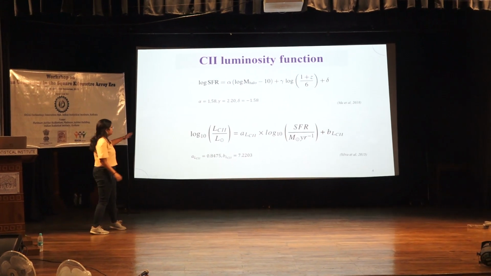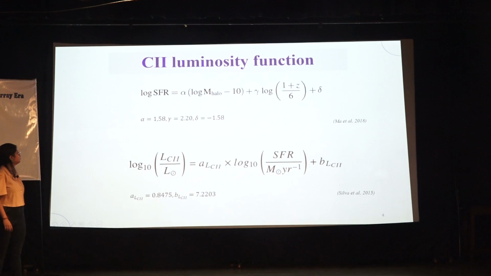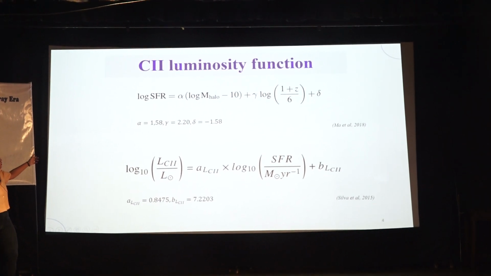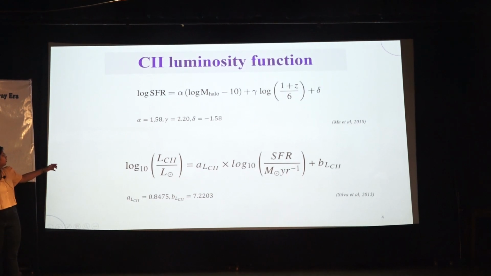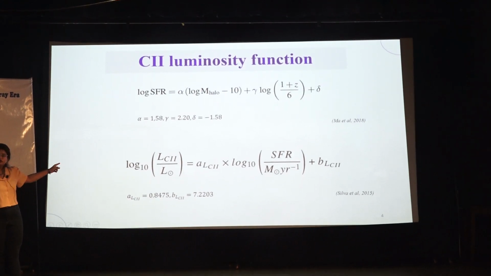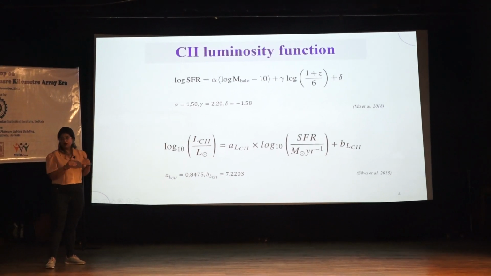So it appears that there are a lot of parameters that could be varied, right? We tried varying, for example, alpha, gamma, delta. These are from simulations, by the way. Those do not seem to have any discernible effect on the power spectrum.